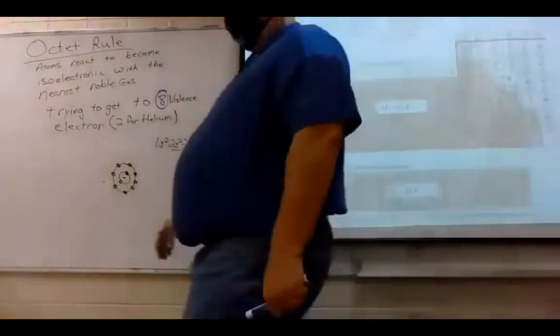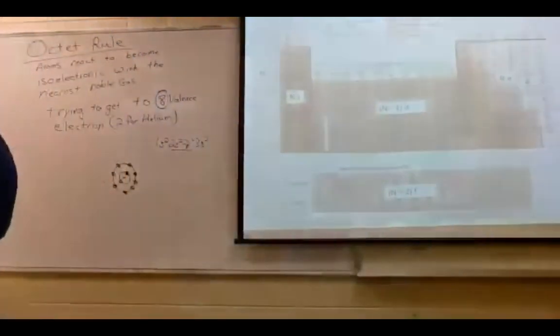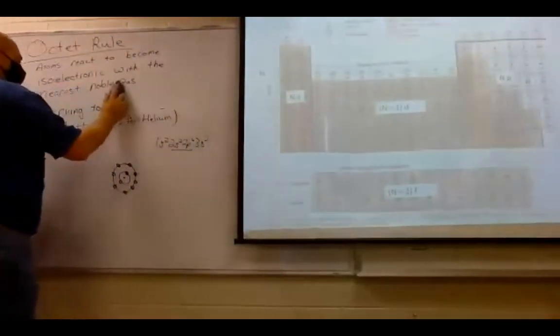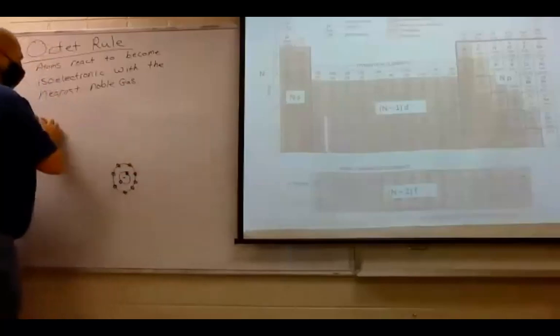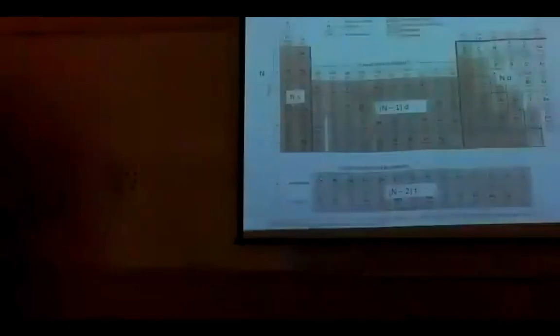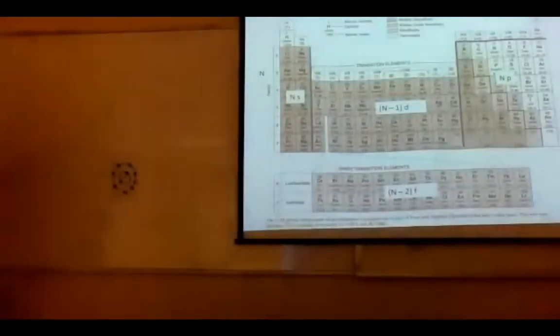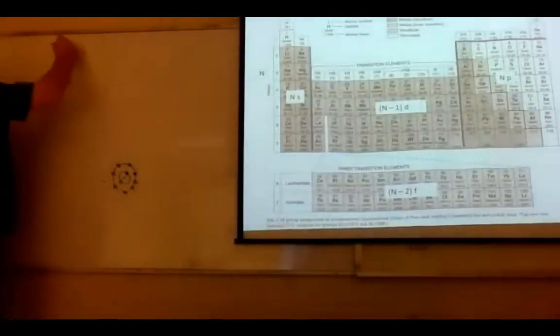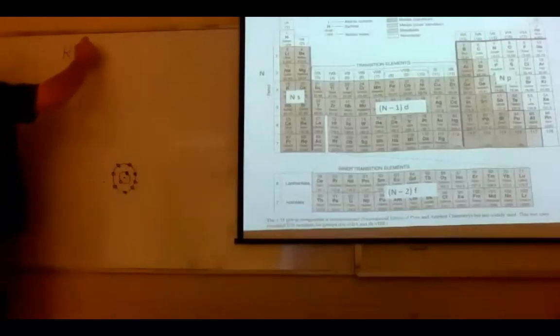But our octet rule only works for the representative elements. Uh-oh. We got to figure out where the representative elements are. So I'm going to go right back. Representative elements.